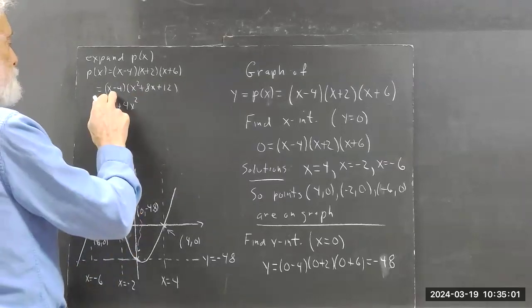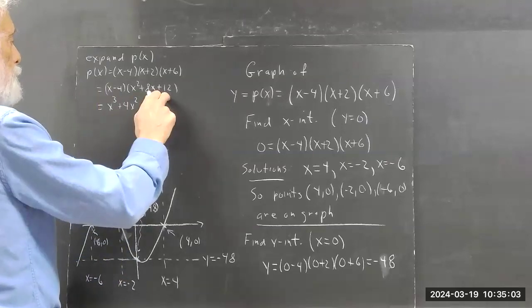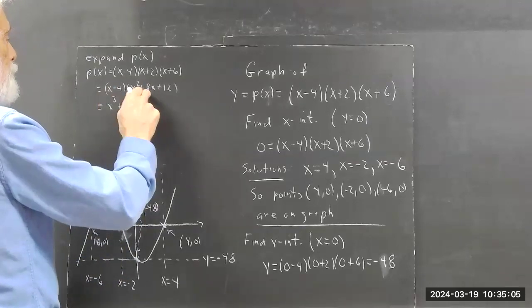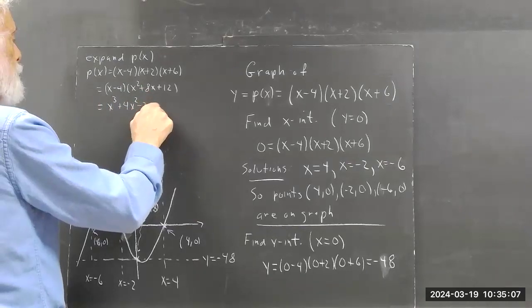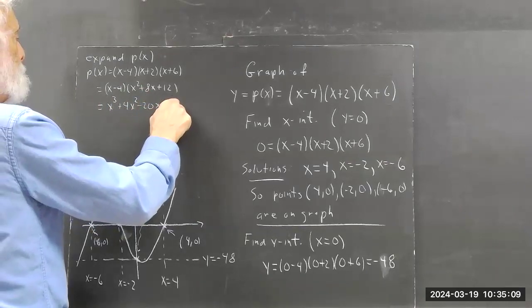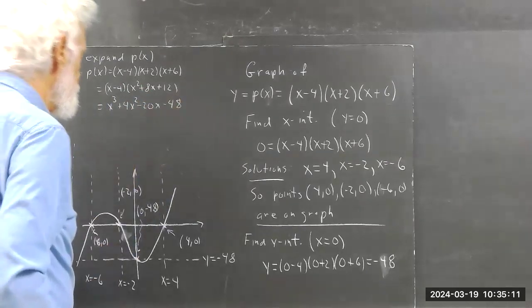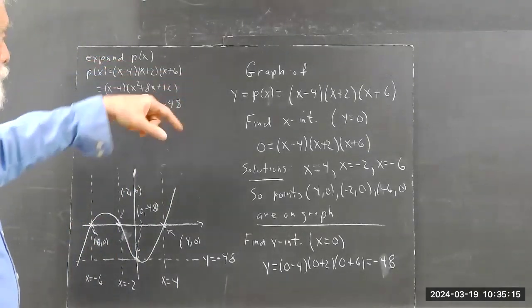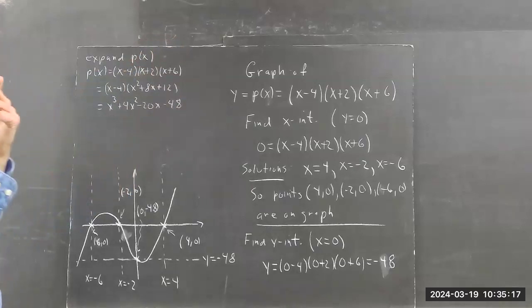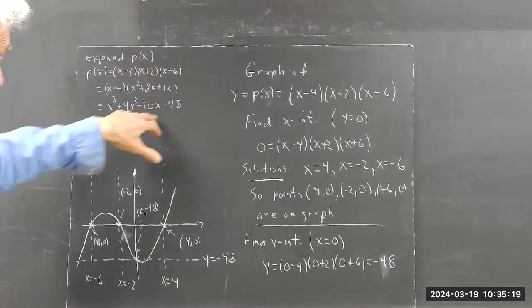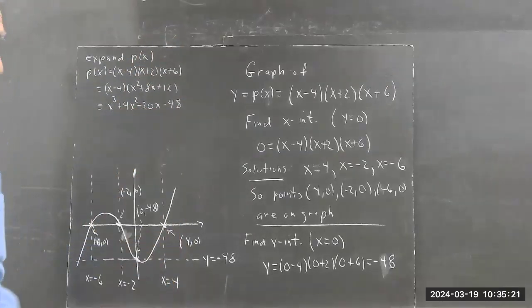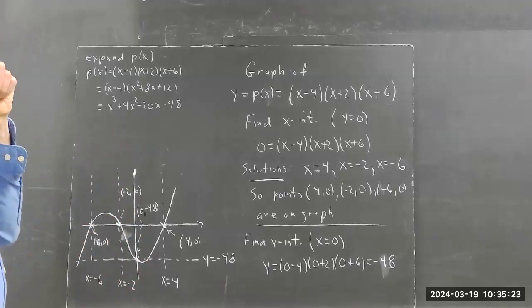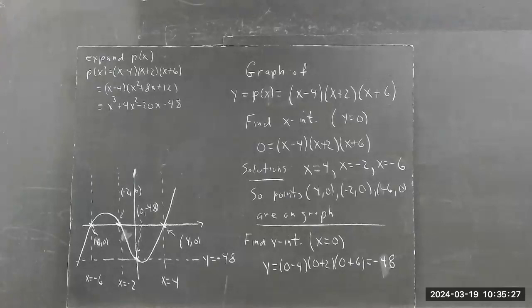I'm going to have a 12x and a minus 32x. That's going to be minus 20x minus 48. Now, if you use the distributive law carefully and do everything step by step, and if I did it correctly in my head, and I kind of think I did, but check me, it's going to look like this.